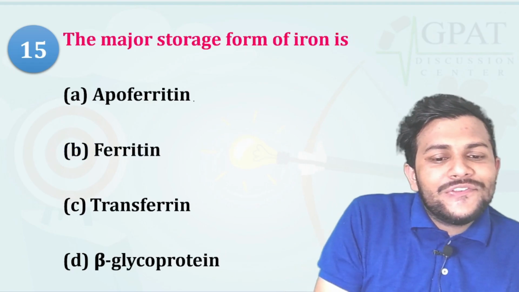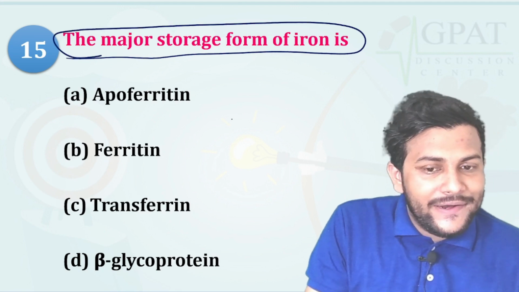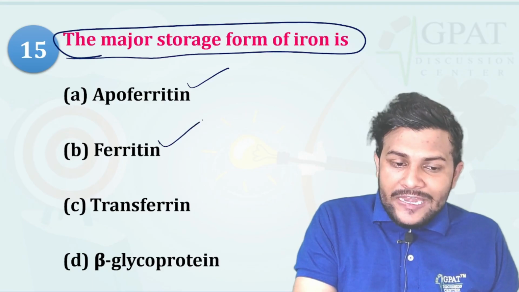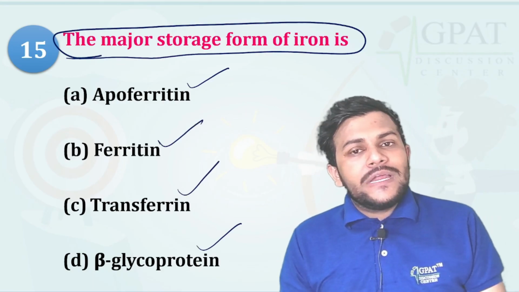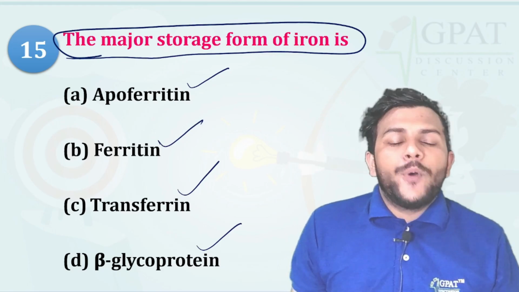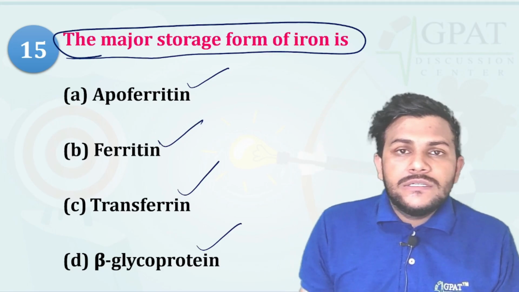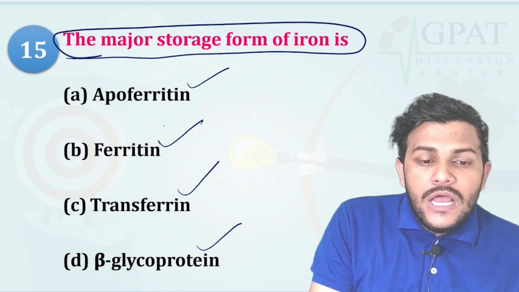Next, the major storage form of iron. So that is apoferritin, ferritin, transferrin and alpha glycoprotein. Alpha glycoprotein is the plasma protein, like albumin, and a glycoprotein. So these are protein and amino acid.